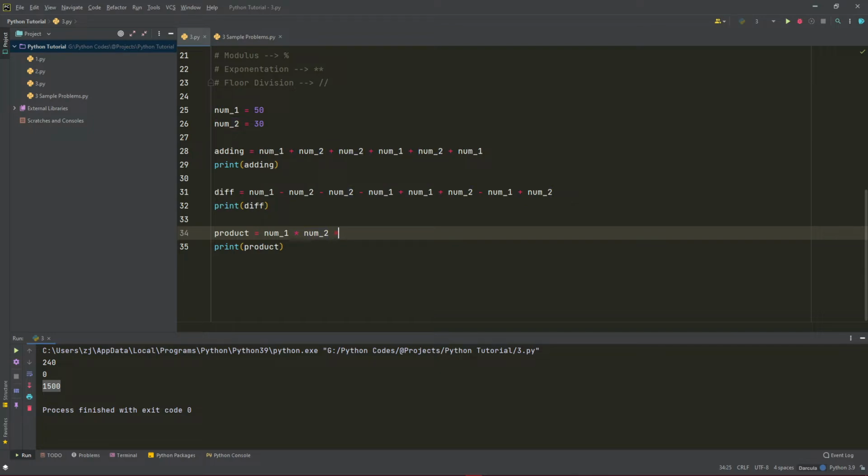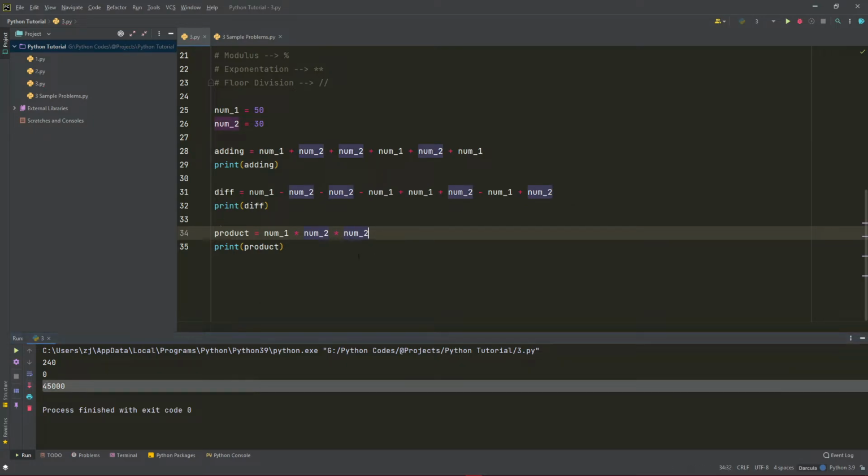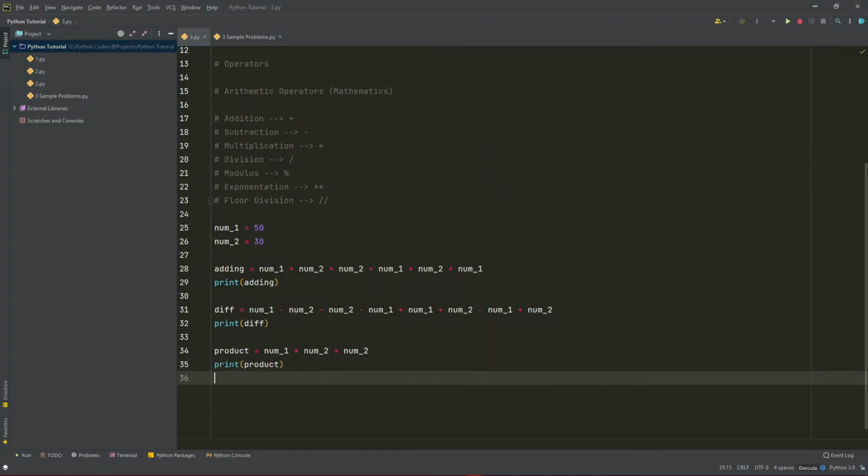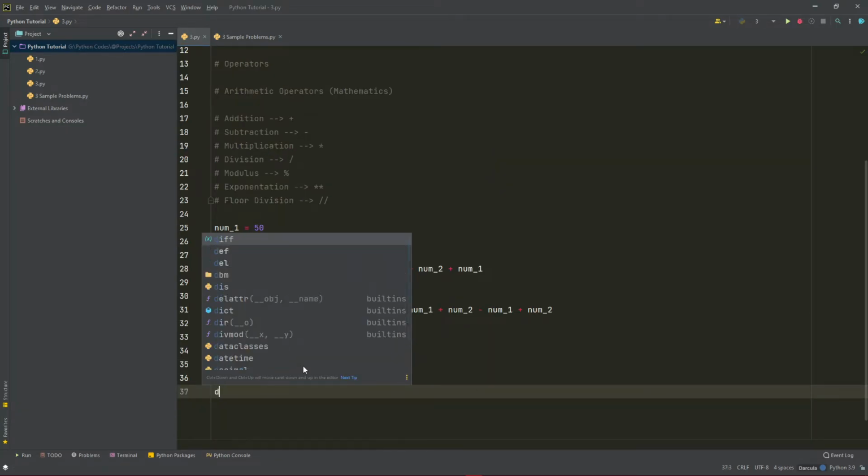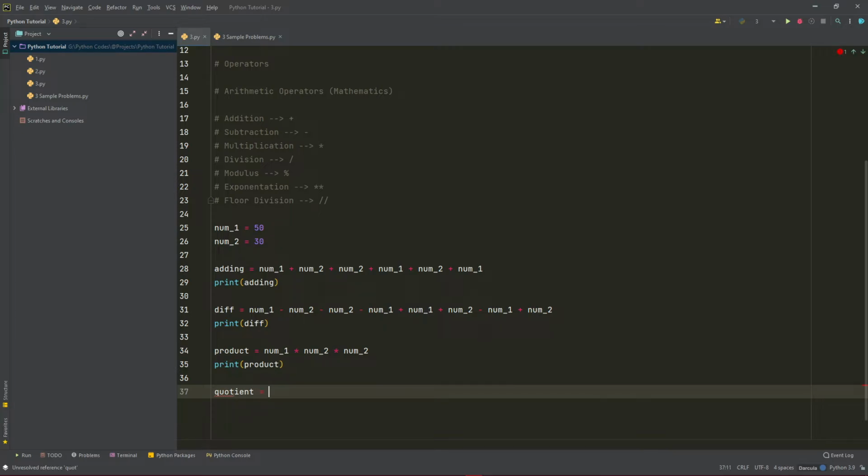And basically, we can times this again, num2. We have 45,000. There's a lot, right? And then let's proceed to the division. So this is quotient. Now we have num1 divided by num2.